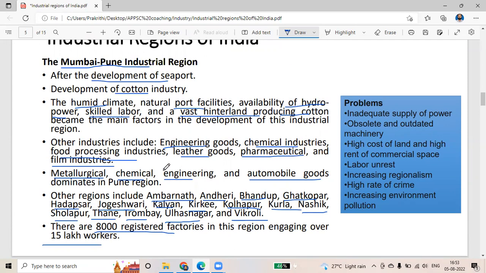अभी, as we know, maximum industrial growth of this region has already happened. Almost हो गया है. So it has started to disintegrate करने का शुरुआत हो गया. So there are a lot of problems for these industrial regions. One is inadequate supply of power. तो बहुत ज्यादा industries हो गया है. Same way, one of the metropolitan cities है.